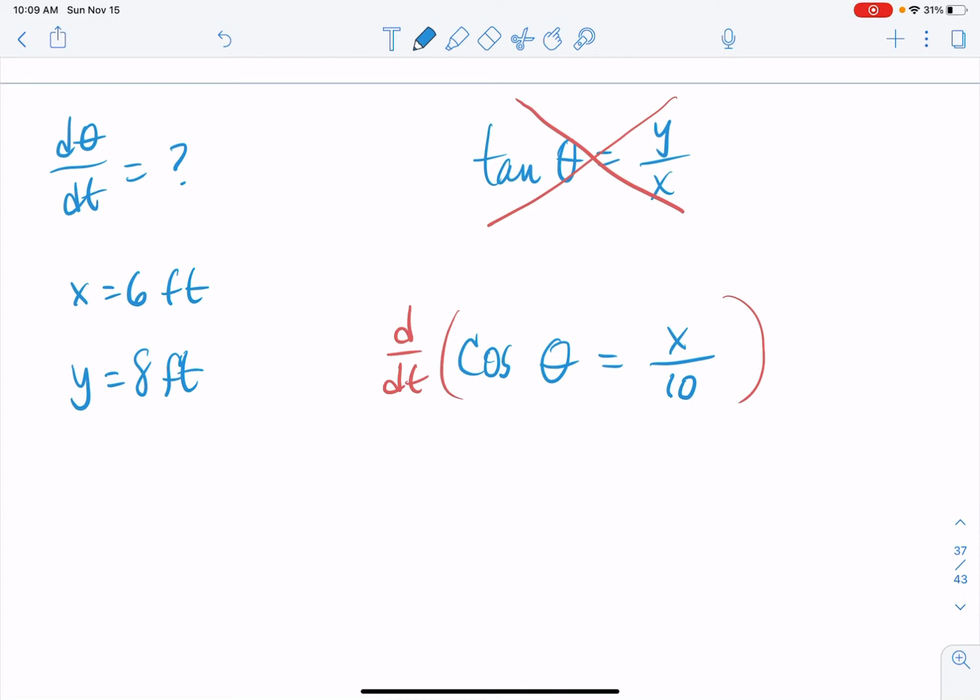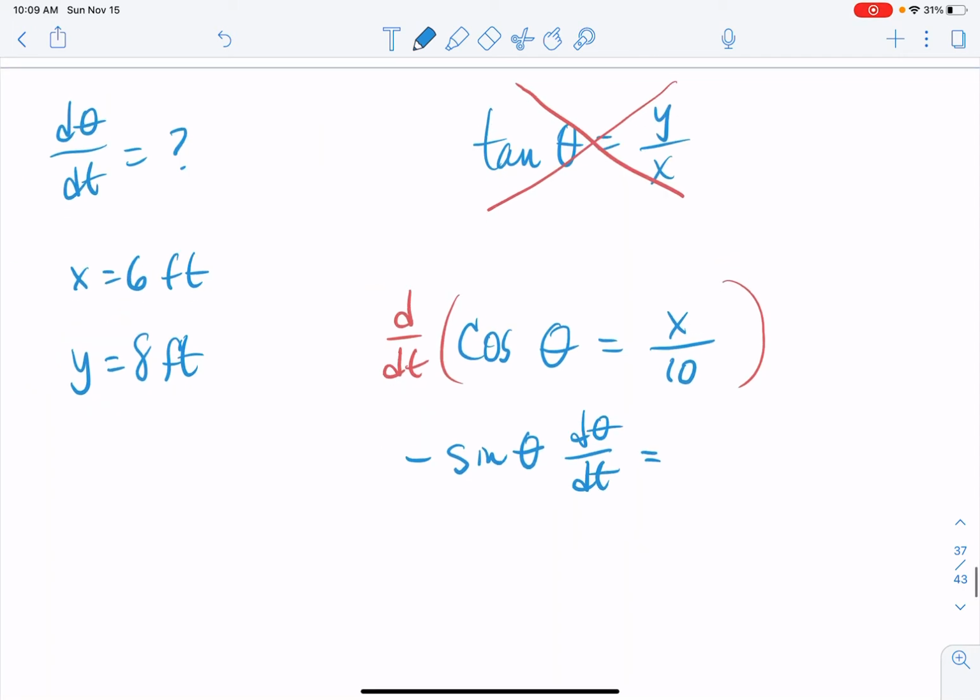On the left-hand side, the cosine theta, its derivative is a negative sine theta. Don't forget the chain rule, d theta dt. And there's the negative that we expected, right? That angle is actually shrinking down. On the right side, the derivative of x over 10 is 1/10, and then also chain rule times a dx dt.